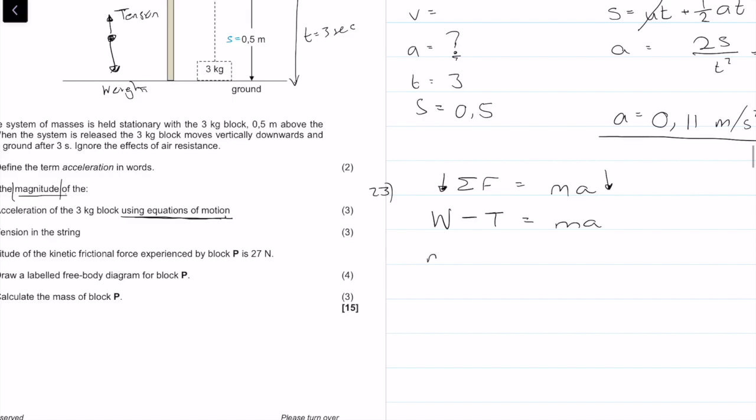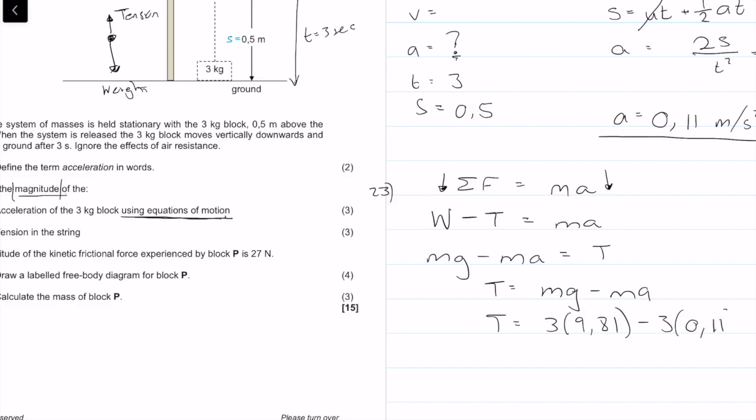So my weight is going to be mg, and then I'm going to manipulate this equation, so minus ma is equal to my tension. So tension is equal to my mass, which is 3 kilograms. So mg minus ma. Okay, so T is equal to my mass, which is 3, times gravity, which is 9.81, minus 3 times my acceleration, which was 0.11.